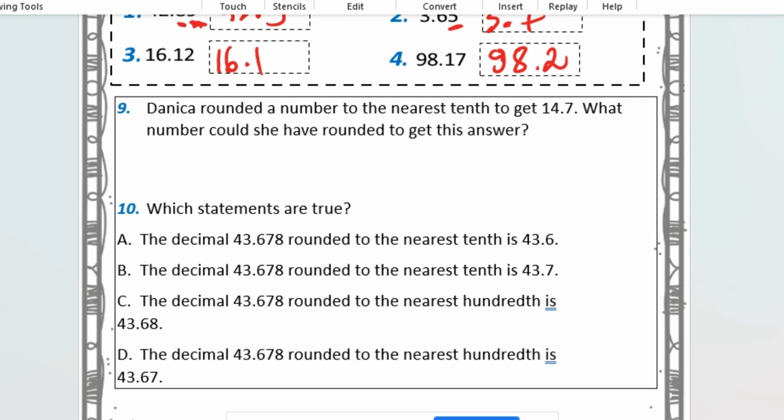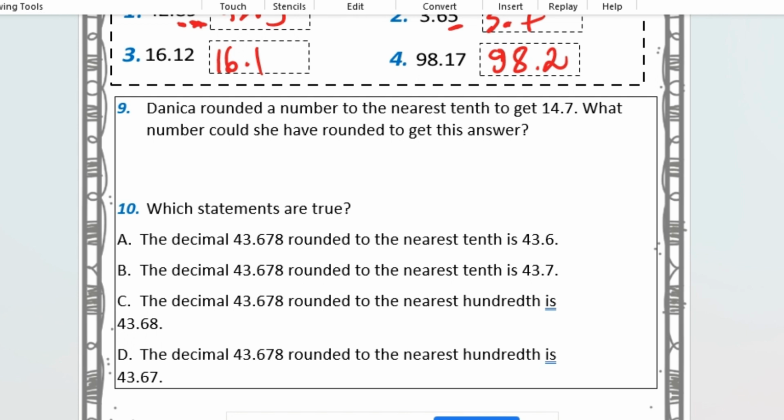Now, Danshia rounded a number to the nearest tenth to get 14.7. What number could she have rounded to get this answer? So we want a number that when we round it to the nearest tenth, we get 14.7.